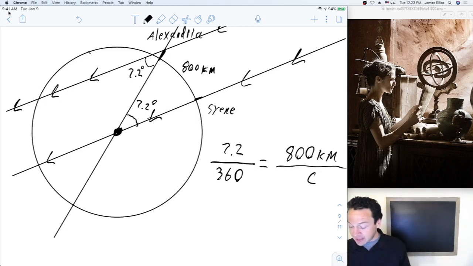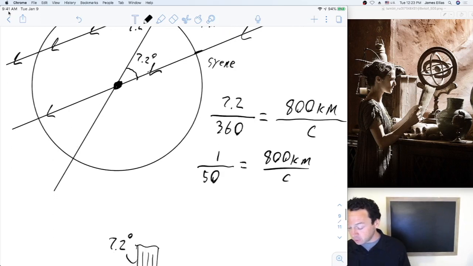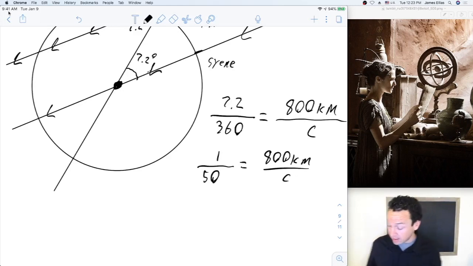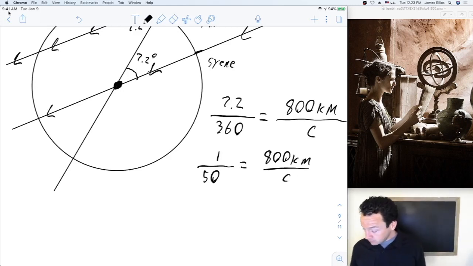Now it turns out that 7.2 is 1/50th of 360. It turns out that that works out pretty conveniently. Then we got 800 kilometers over c, over the circumference we're trying to measure. Measuring indirectly, right? That's the power of geometry, is to measure indirectly. We're going to multiply both sides by 50.